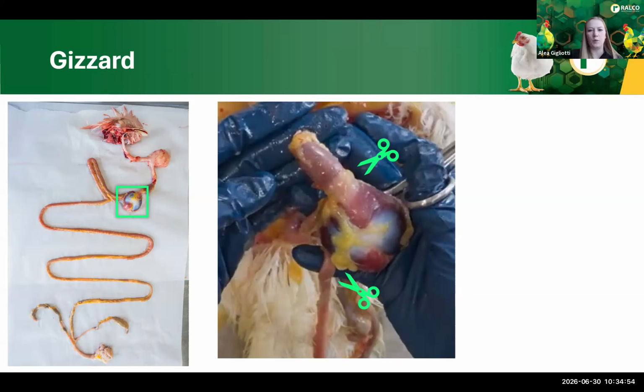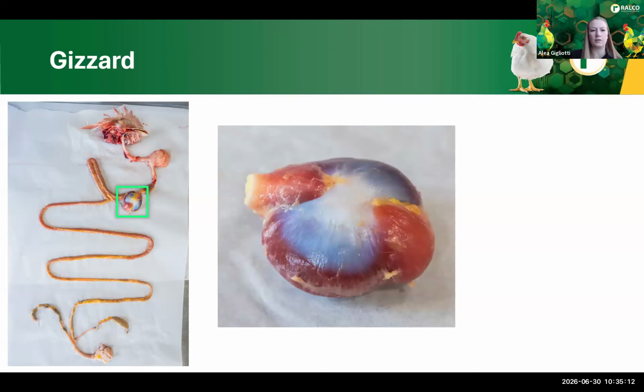Moving on to the gizzard, again, we just made the cut to take away the proventriculus from that gizzard. We're now going to make a small cut to separate the gizzard from the start of the small intestine. And this is a very muscular organ. It's responsible for grinding up the feed, and any kind of grit that you're adding to the diet is doing its job here. So once you've got that proventriculus out, it should look like a large muscle.